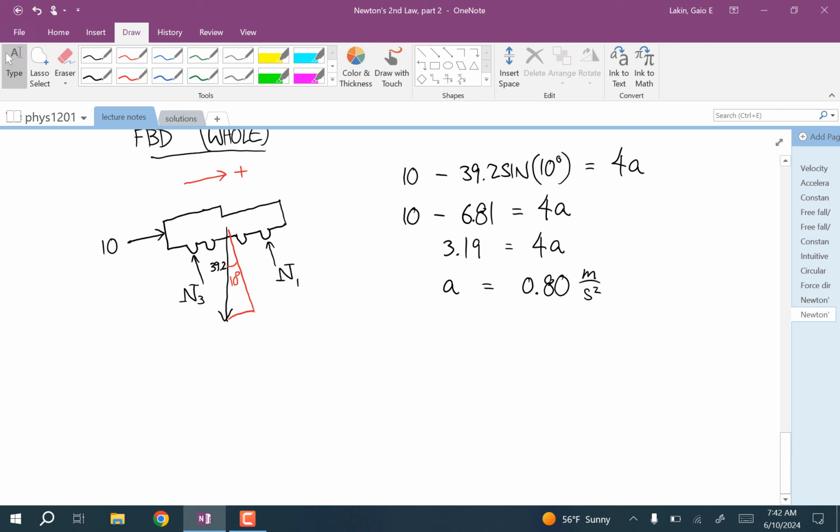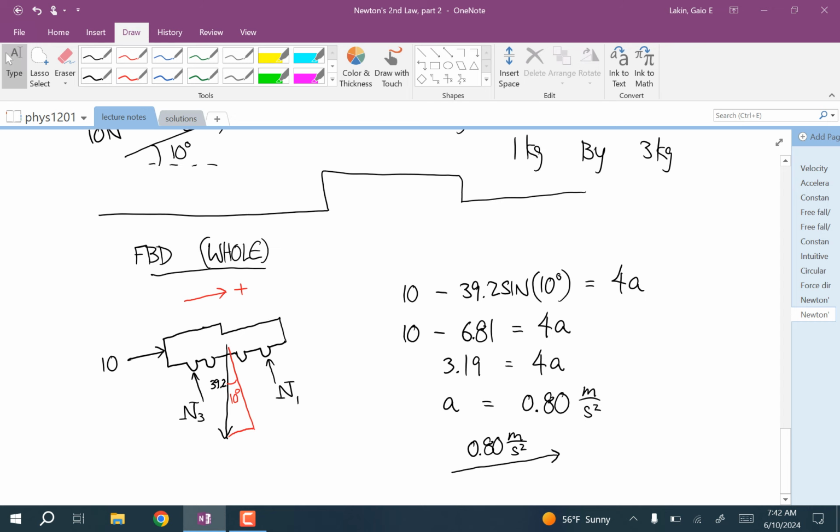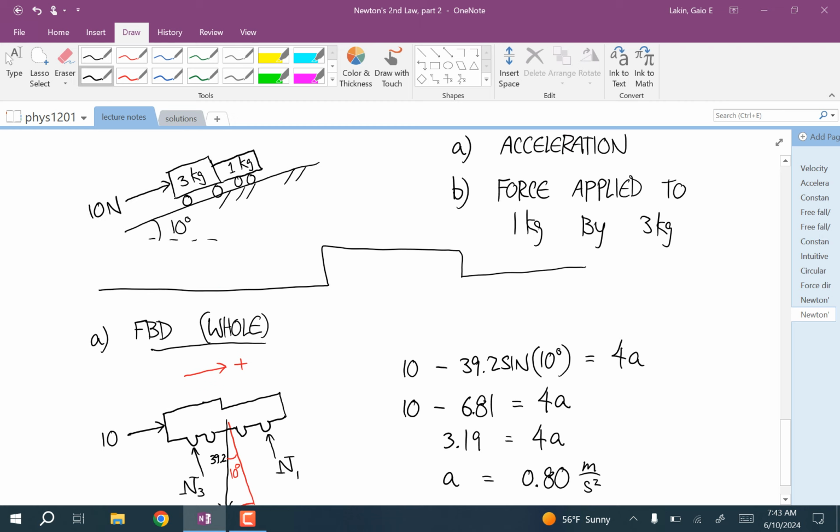The positive says it's in the direction we chose as positive, so 0.80 meters per second squared up the ramp. Okay, so that's the first thing we wanted to calculate, that acceleration. And now we're going to use that acceleration in our calculation of the force applied to the 1 kilogram body.